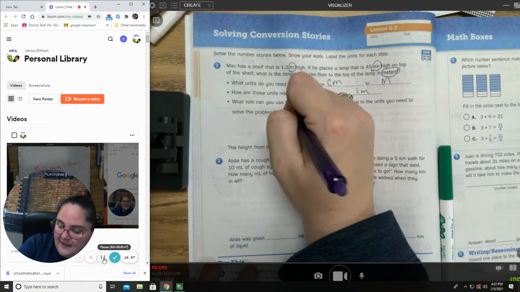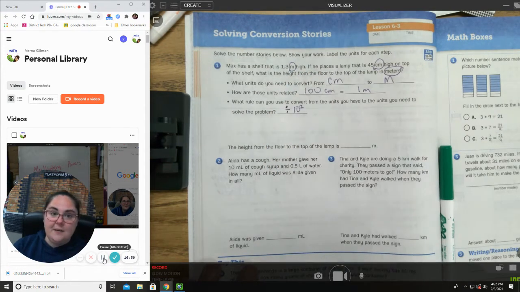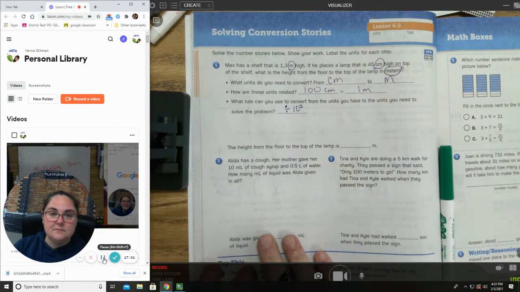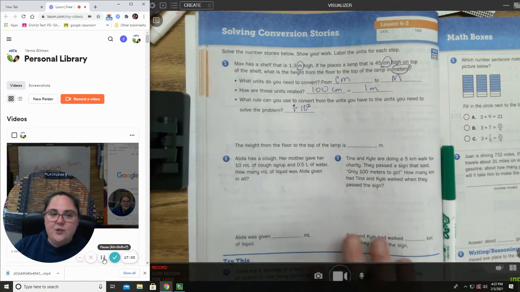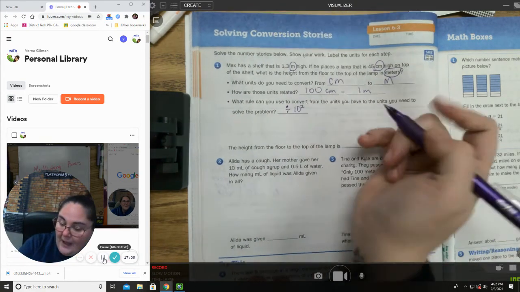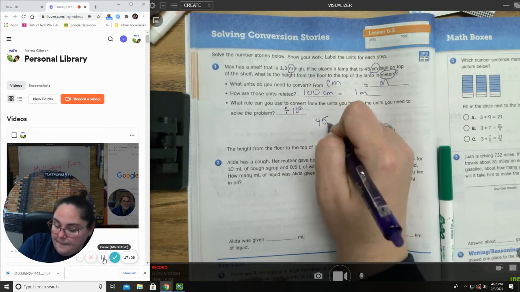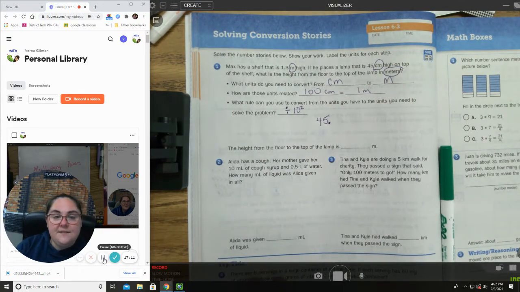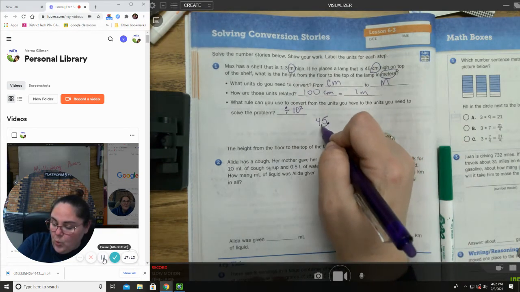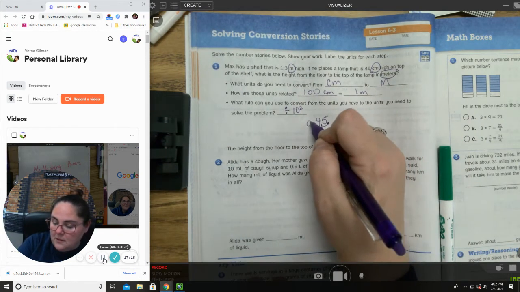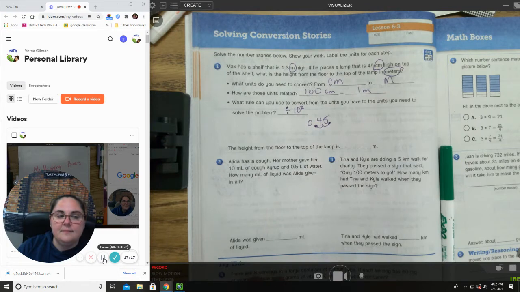So we're going to divide by 10 to the second power. Now we need to do the math. So I'm going to start by converting that 45. I'm going to write it here. Dividing it by 10 to the second. Awesome.